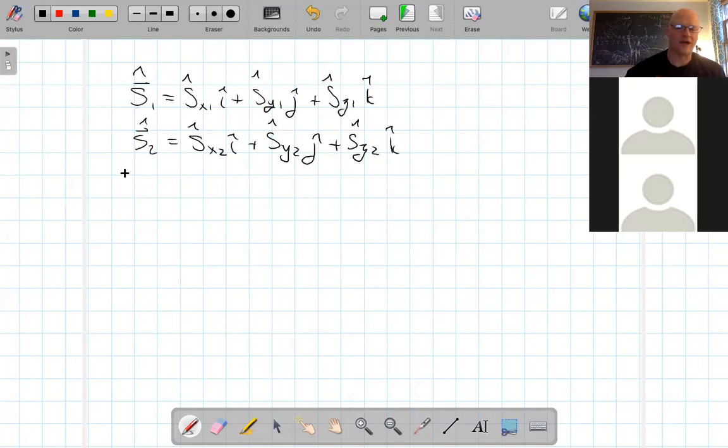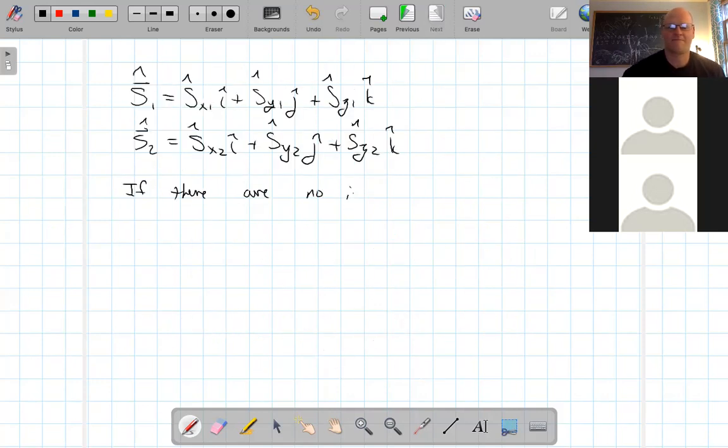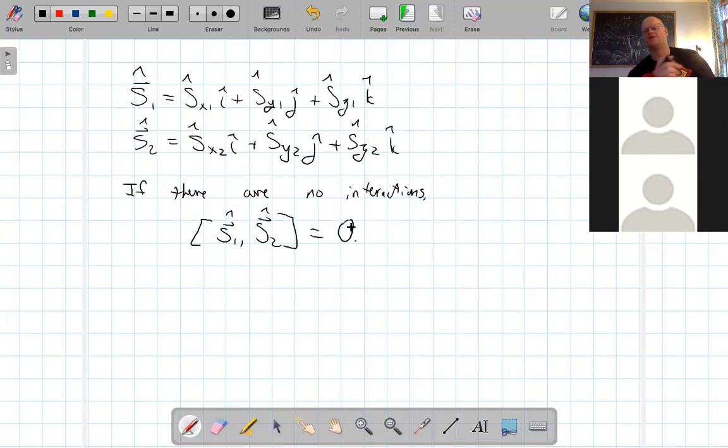And as long as these are not interacting, if there are no interactions, which may or may not be true, the spin vector of the first will commute with the spin vector of the second. Meaning I can rotate the one without rotating the second one. So as long as these aren't, for example, entangled with each other, I can rotate the one without doing anything to the other one.